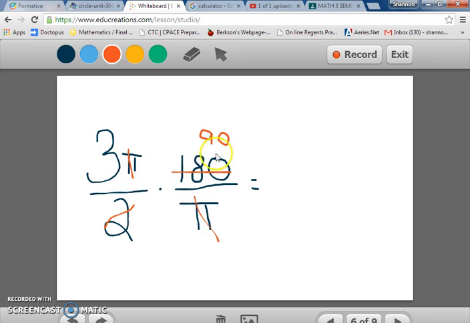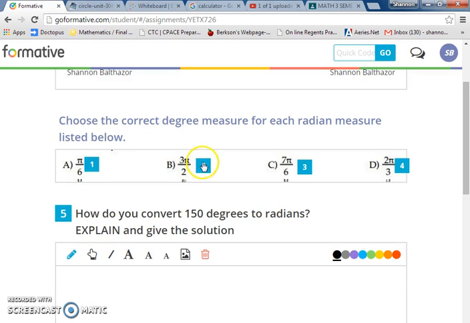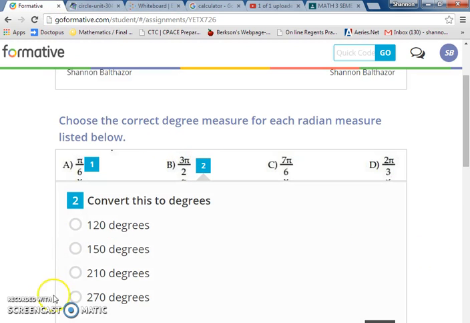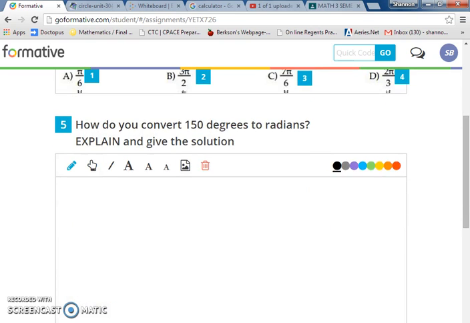So now we just have 3 times 90, which is 270. So 3 pi over 2 is 270 degrees. Click on number 2 and 270 degrees, and then choose done.